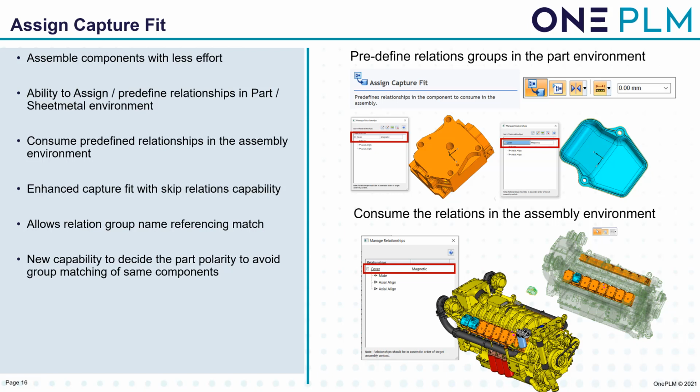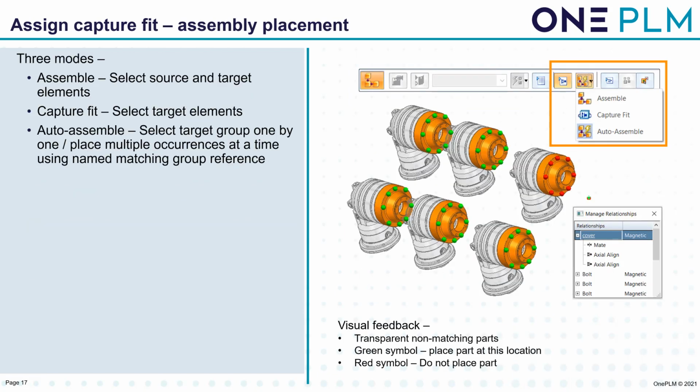There's also a new capability to decide the part polarity to avoid group matching of the same components. There are 3 modes when we're doing this assembly placement. We've got a new icon for items that have had this assigned in the part or the assembly. We can select part and target elements, same as normal.